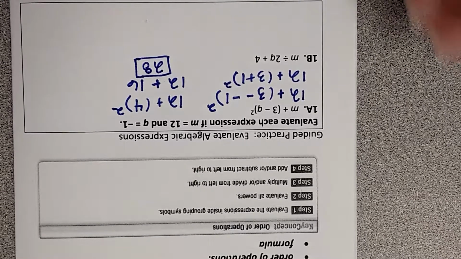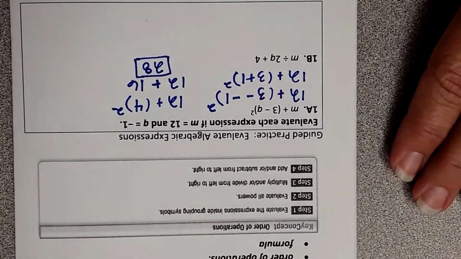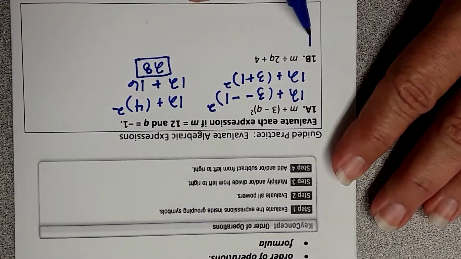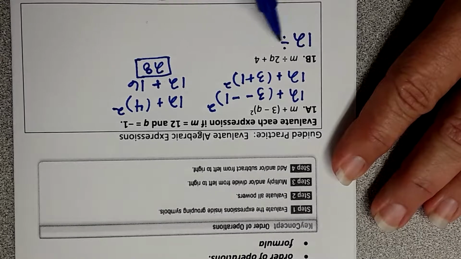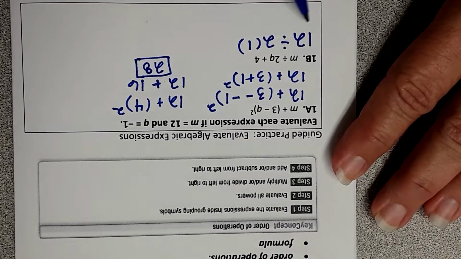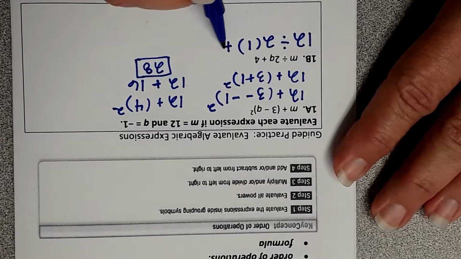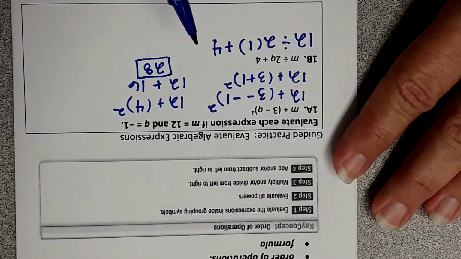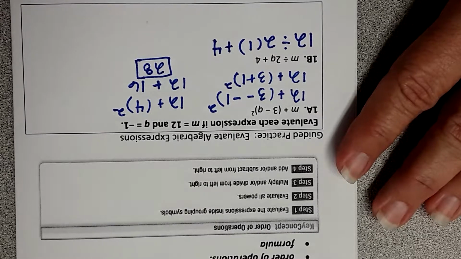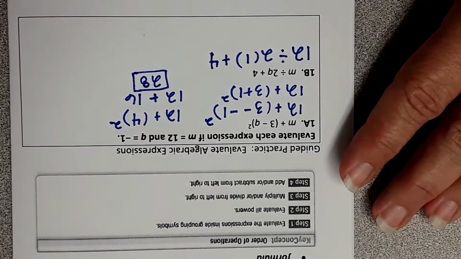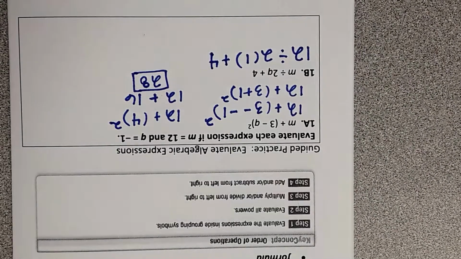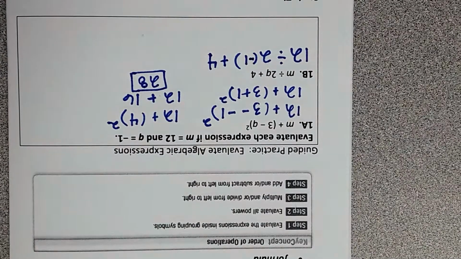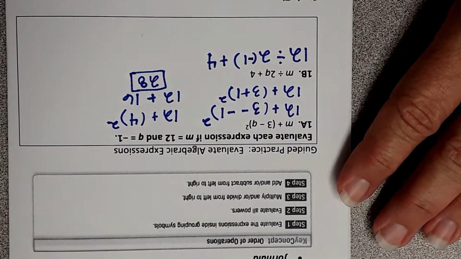Okay. Again, wherever we see an M, we're going to put a 12. Wherever we see a Q, we're going to put a -1. So the M is 12. 2 times 1, so it's 12 divided by 2 times 1 plus 4. Yes, it's -1. Oh, thank you. It is -1. I appreciate that. Okay.